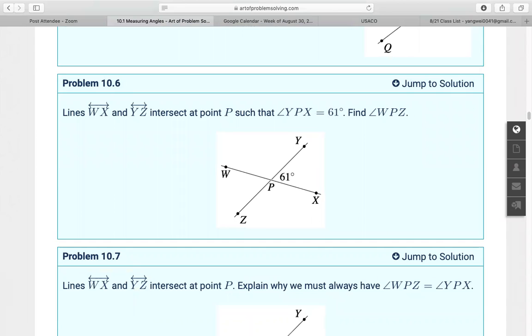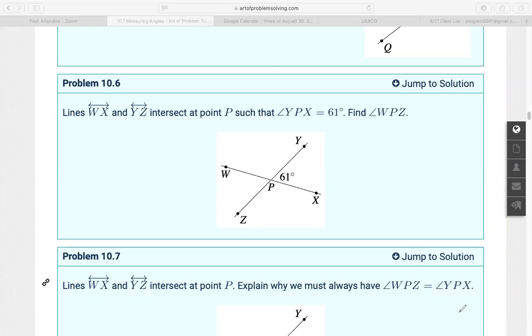Okay. Now let's work on problem 10.6. This one says the lines WX and YZ intersect at point P such that YPX equals 61 degrees. Then they ask you to find WPZ. Okay, so WPZ, Christina got it correct.